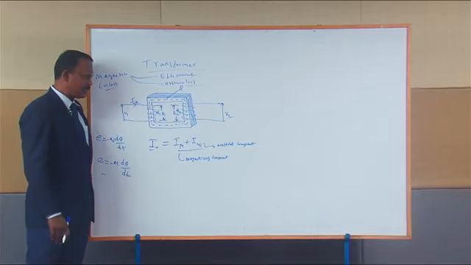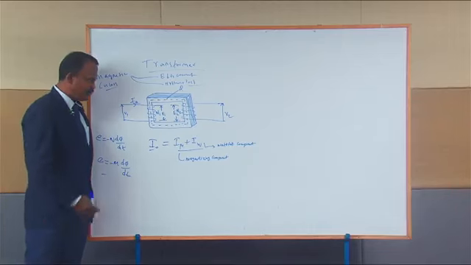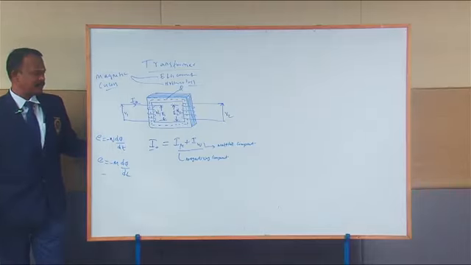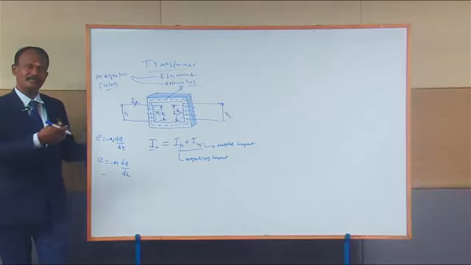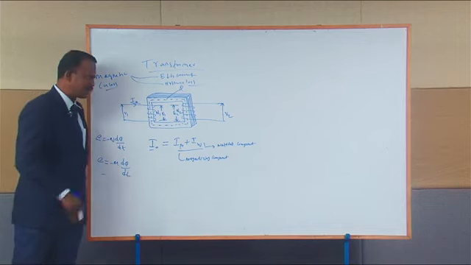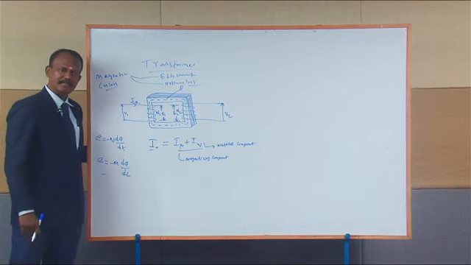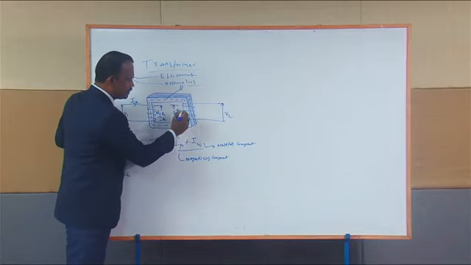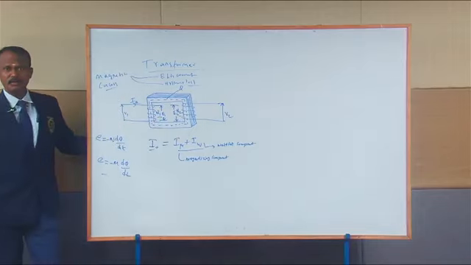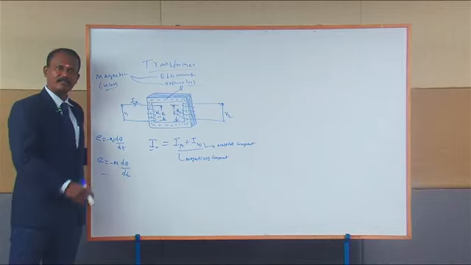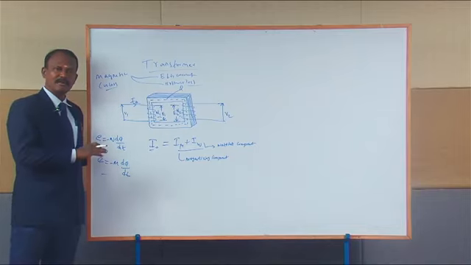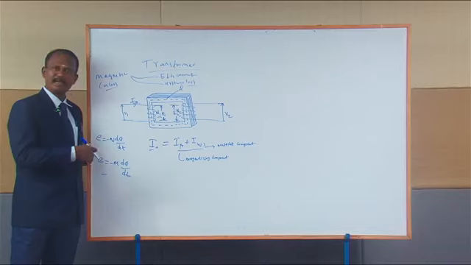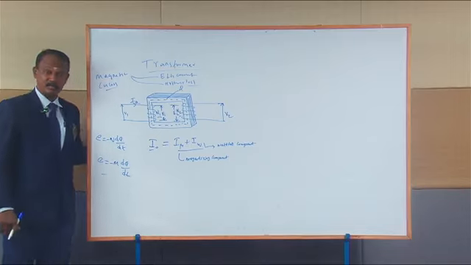Now we need to understand the phasor relation between the input voltage, the induced EMF in the primary winding as well as the induced EMF in the secondary winding. I clearly mentioned here this is N1 and this is N2, based on your number of turns. The same transformer will act as a step up transformer or a step down transformer.